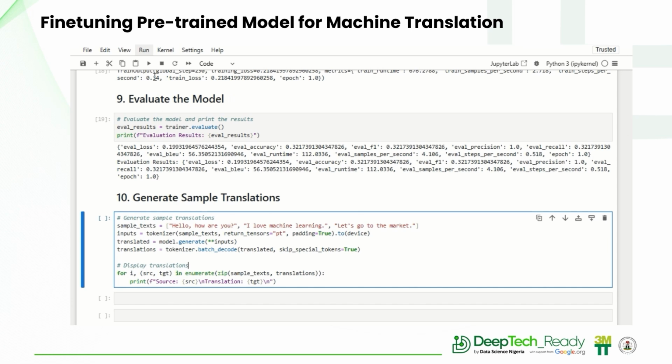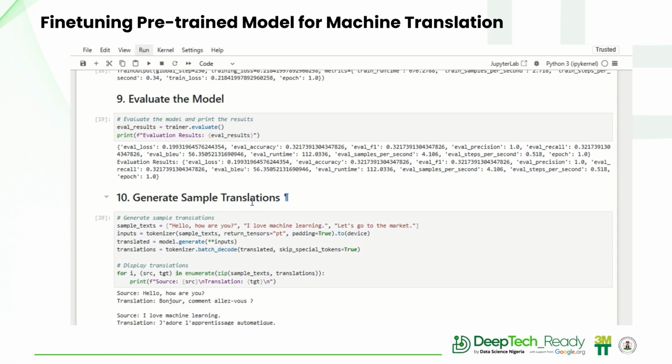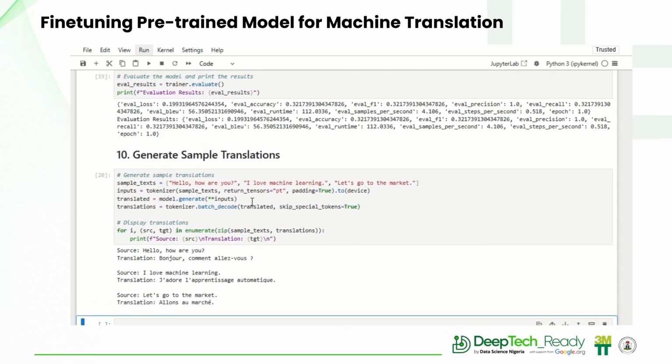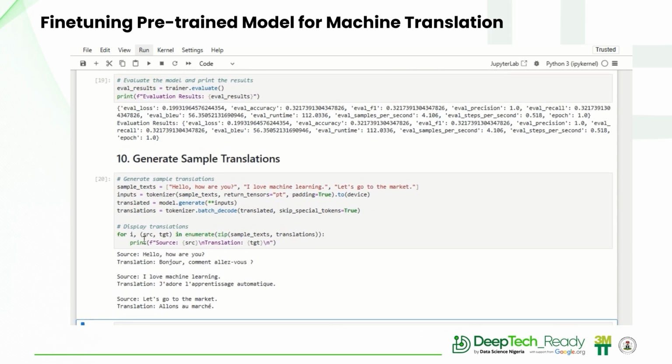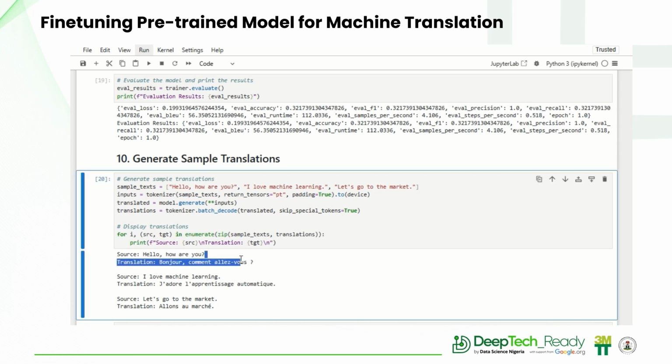Yeah, so we have: hello, how are you? The translation is bonjour, comment allez-vous. I don't speak French, but I think this is the correct translation for hello, how are you, even if you check it on Google Translate or any other translation machine.